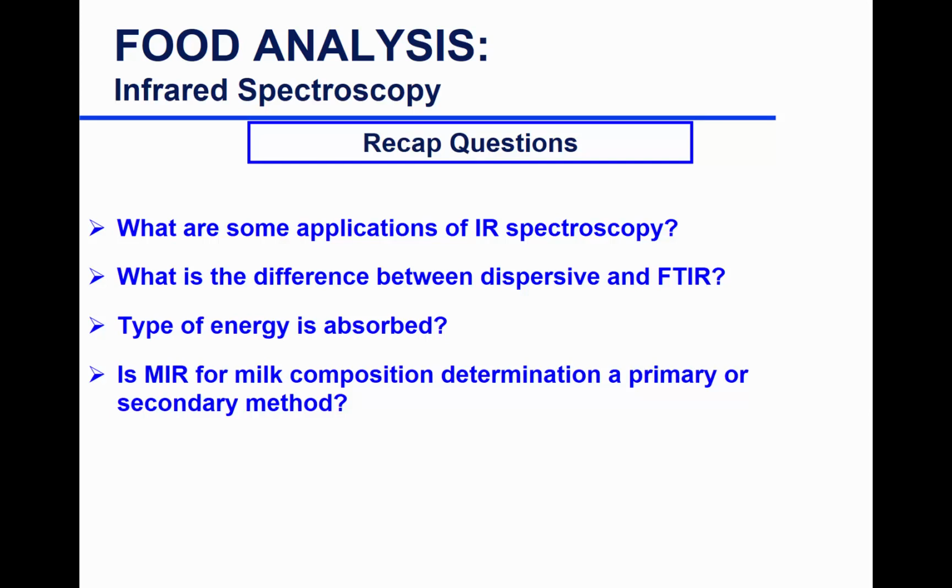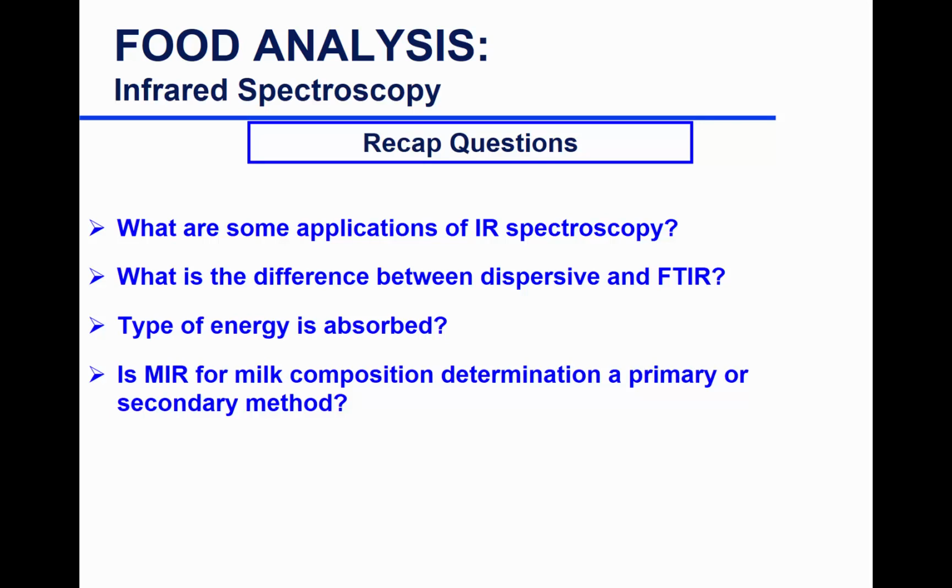In Fourier transform, all the light is projected to the sample, and absorption at multiple wavelengths occurs in the IR region. And then calculations, Fourier transform type of mathematical calculations, are done to get quantitative and qualitative data instantaneously at multiple wavelengths.